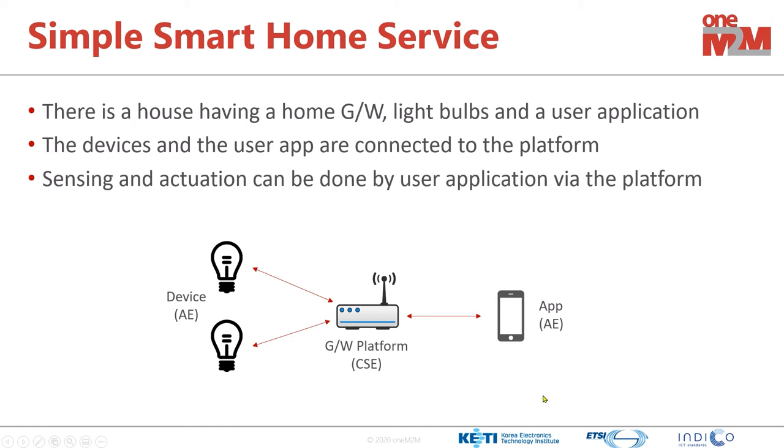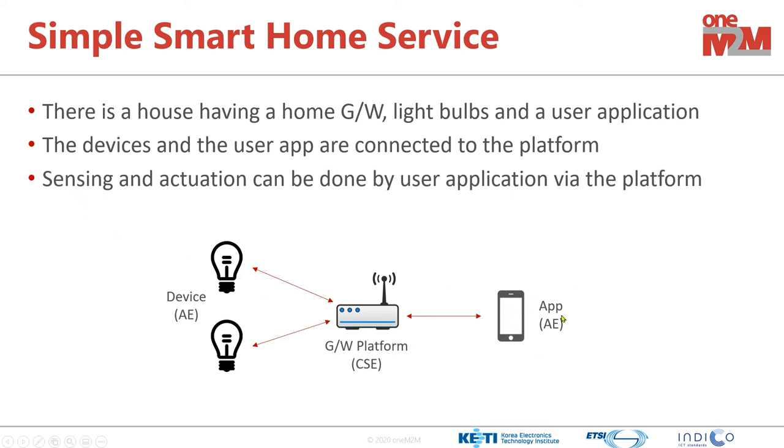Let's assume that this is the house and there's a home gateway, two light bulbs, and the user application, for example on the smartphone. The devices and the user application are connected to the platform. In other words, we say that they are registered to the oneM2M platform.